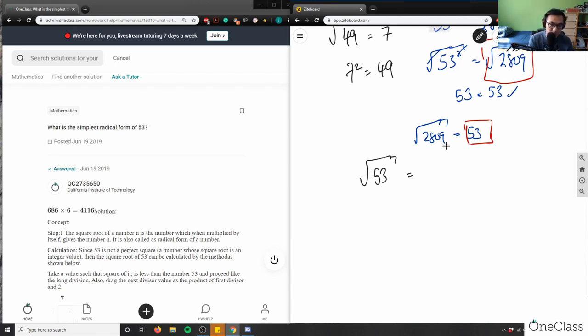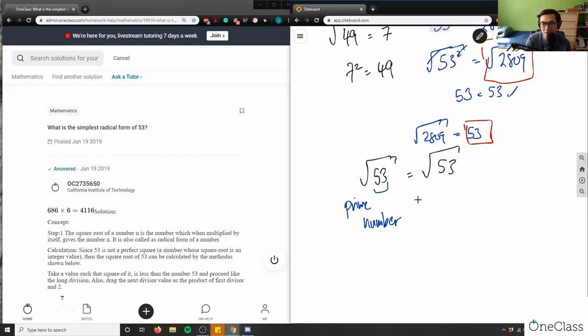I don't think 53 is factorable. So when we talk about simplest radical form, this is the square root of 53 in itself, because I don't have any factors. 53 here is a prime number. I can't break that down into specific factors in order to find the simplest radical form. So this here is simply root 53, right? I can't break this radical down into more parts.